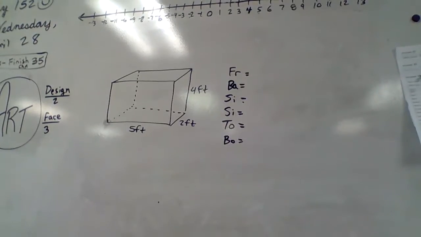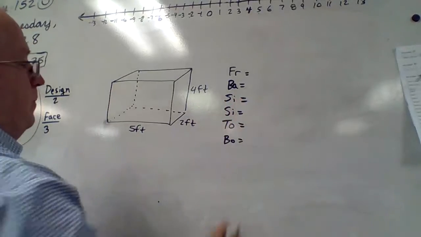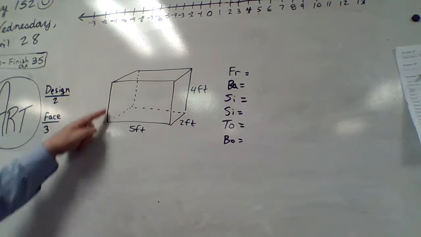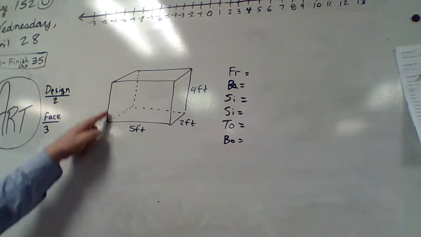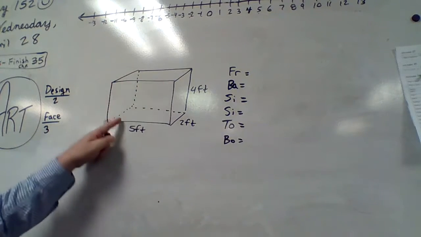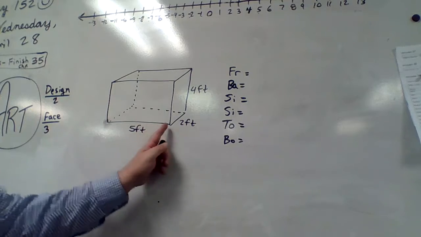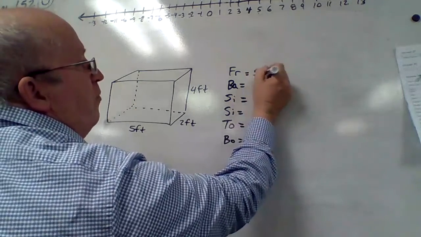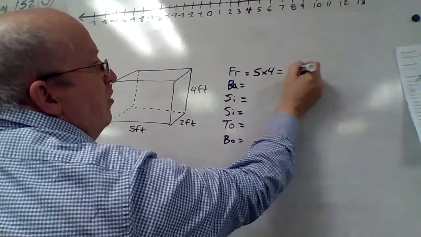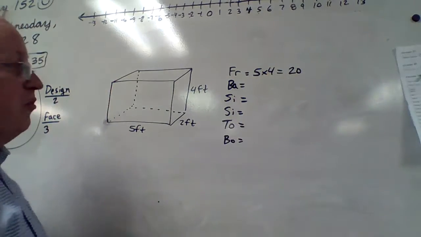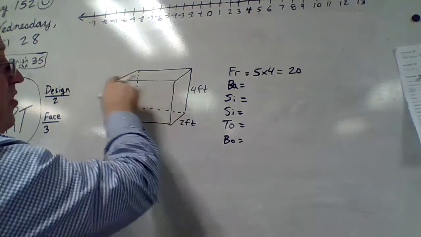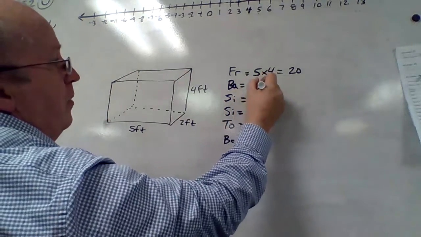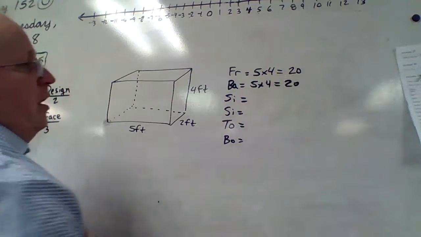And now, we're almost halfway there on this one. The front face, which is right here, what are its dimensions? What's its length and what's its width? If you said 5 by 4, you'd be right. And 5 by 4 is a total area of 20. Guess what? If the front face has that area, then the back face also has to have that same area. So we're going to write 20 down as well.